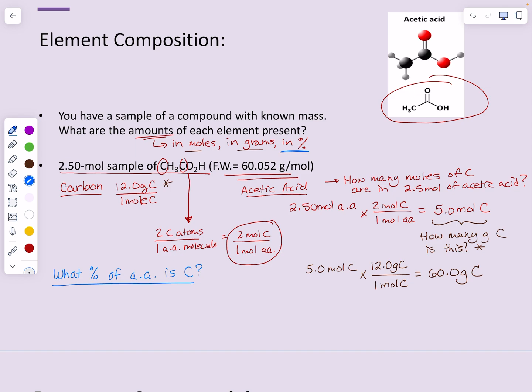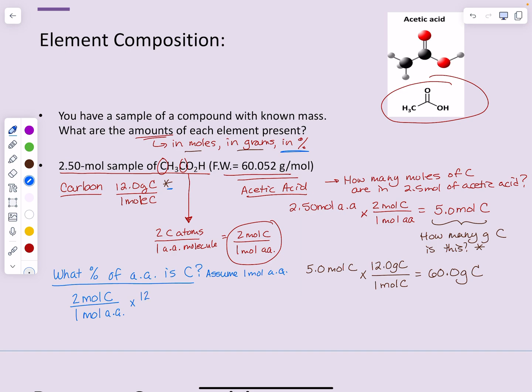So let's assume we have 1 mole of stuff, okay, to make the numbers easy. So we've got 2 moles of carbon per 1 mole of acetic acid, right? All right. And we know what the mass of 1 mole of carbon is, right?